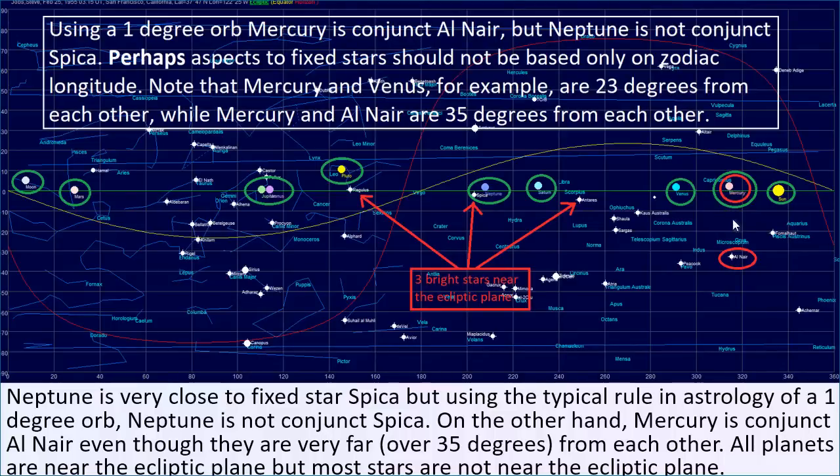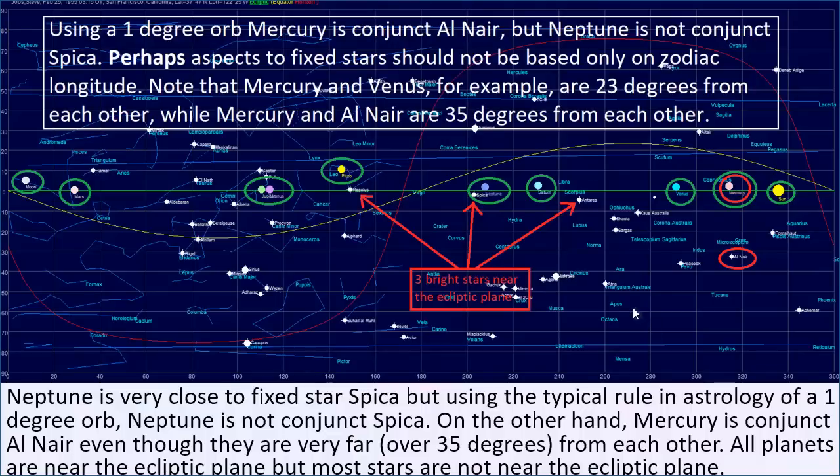And it's 55 minutes, almost 1 degree. If I take Alnair, which is in this red ellipse, and I go vertically, straight up to the ecliptic plane, it's almost exactly where Mercury is. That's why it has a 1 degree orb, but actually they're nowhere near each other.